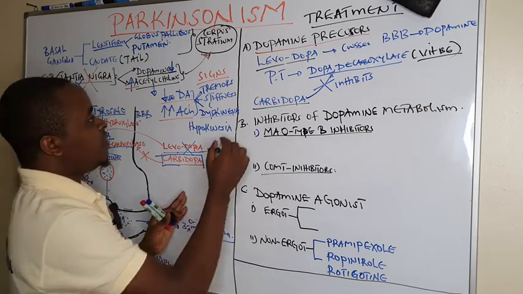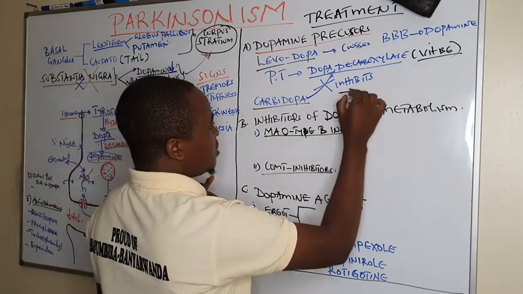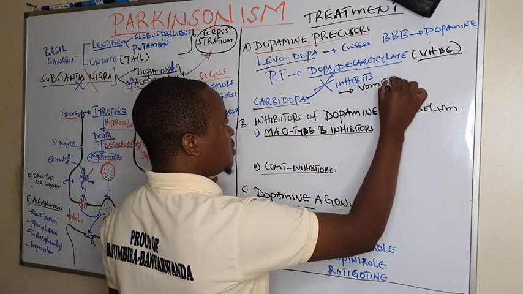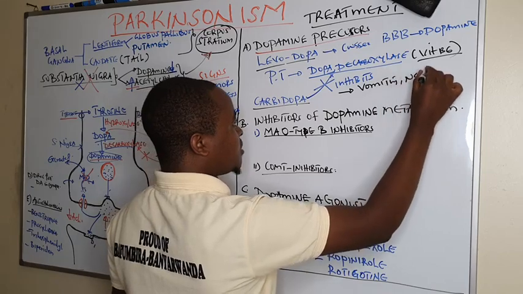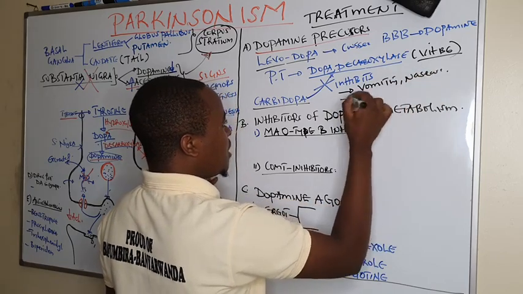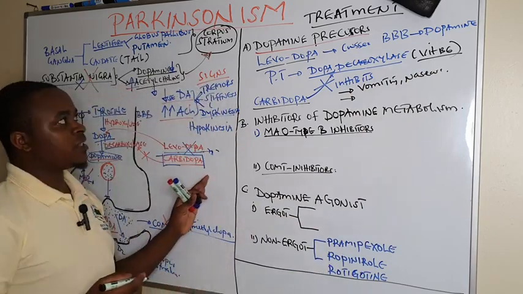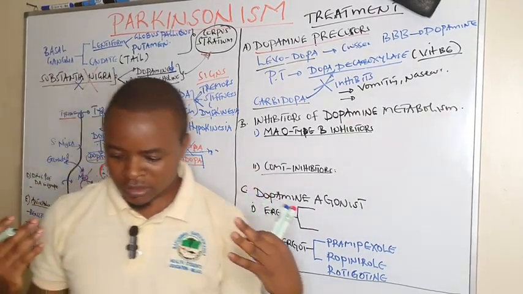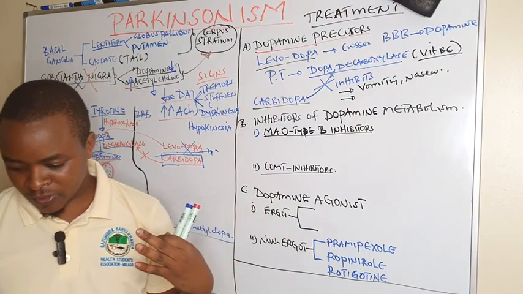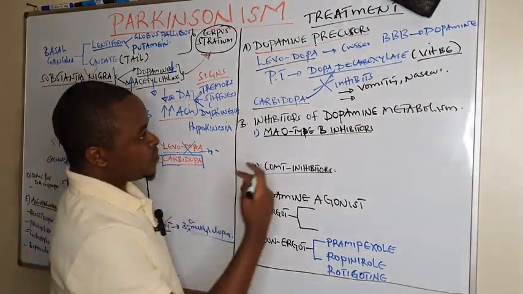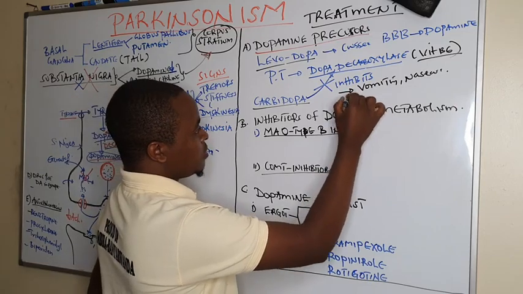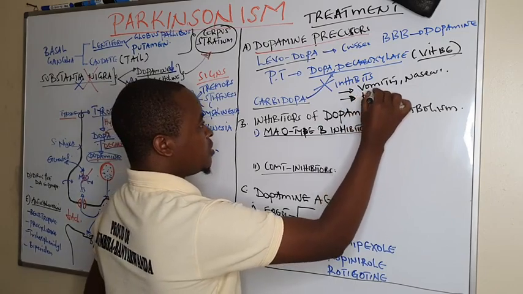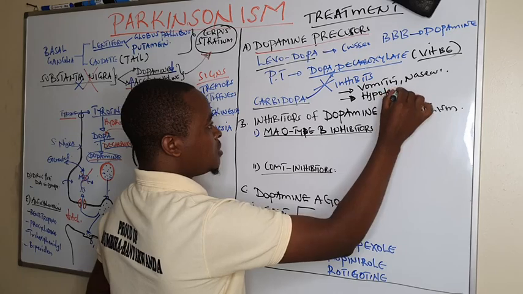One of the side effects of levodopa is that it causes peripheral effects, like vomiting and nausea. Other effects of this drug: it can cause orthostatic hypotension, or postural hypotension.